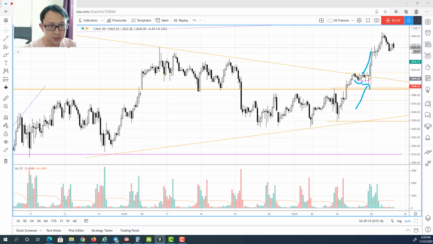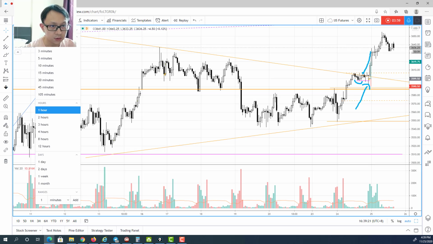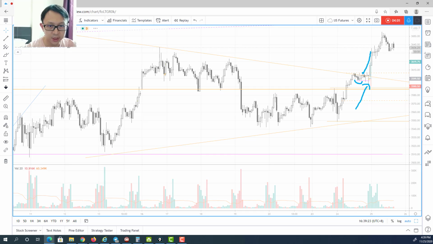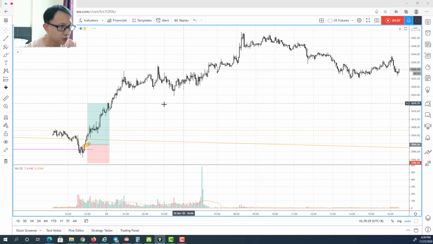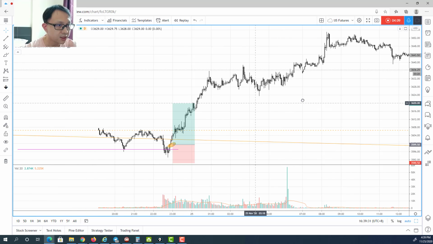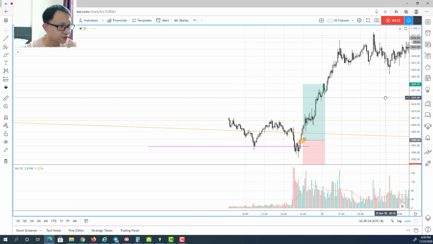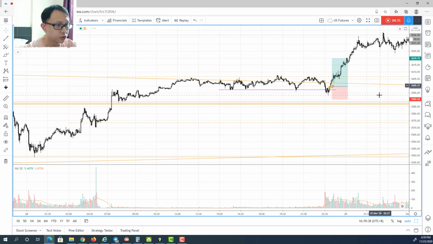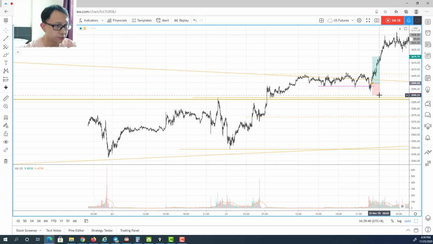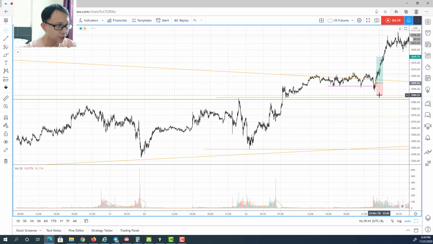So let me just quickly go to the 3 minutes time frame and let me share with you how to actually ride on this uptrend, because we see the sign of strength rally subsequently followed by a flag pattern. So once it breaks out, I think a lot of the pattern traders will just ride on this uptrend. So let me zoom out a little bit to give you the context.